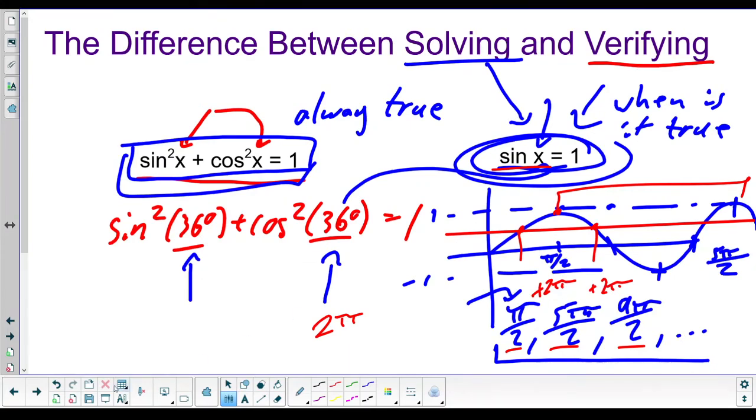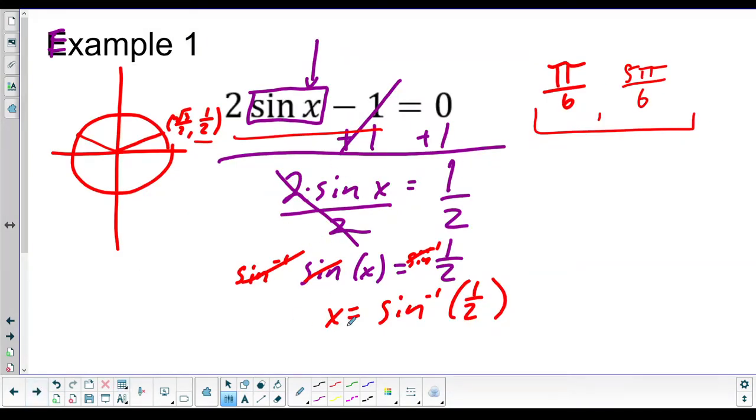Because this trig operation also has a period of 2 pi, to get the infinite solutions you can take your two solutions from the first period of your function, and you can say pi over 6 plus n times 2 pi.